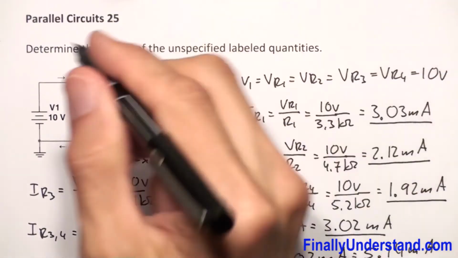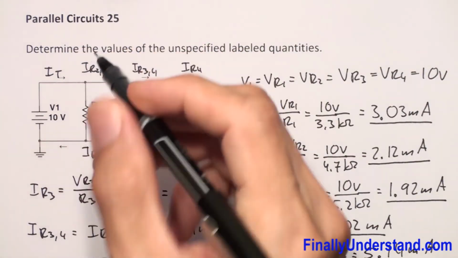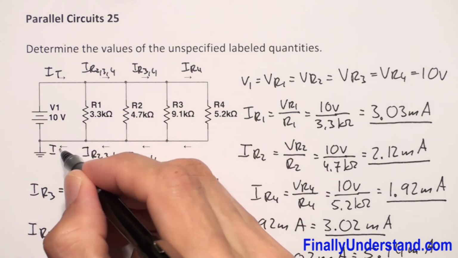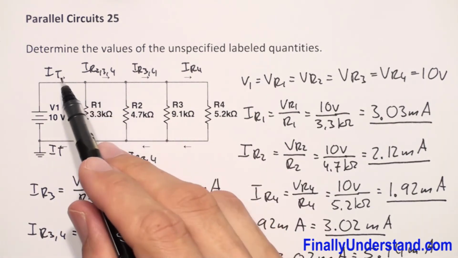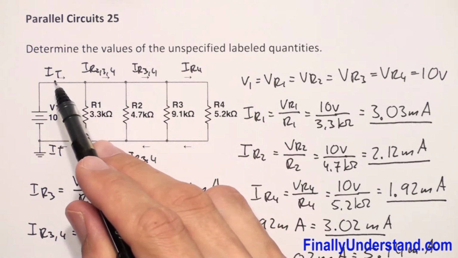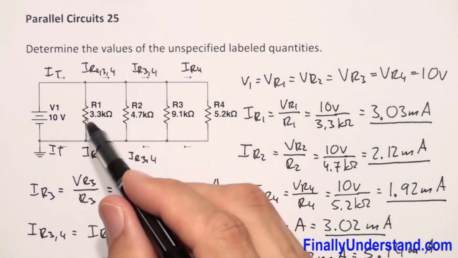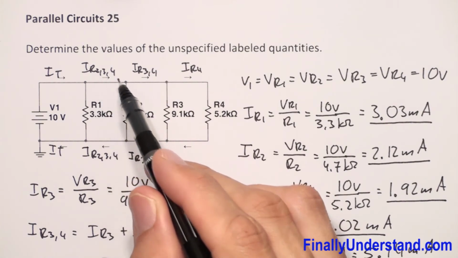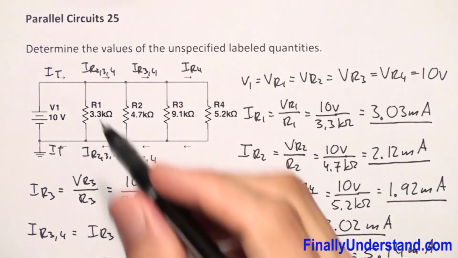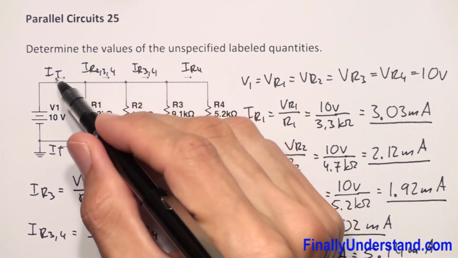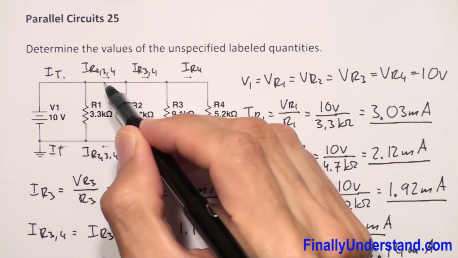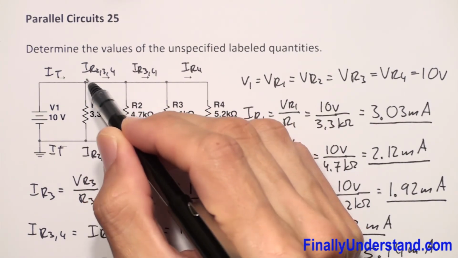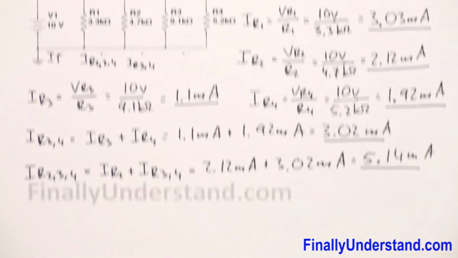This is my I total, and this is also I total. If I want to find I total, it is simply the sum of the currents IR1 and IR2 3 4. I have to add these two currents; this current is going to split into two currents, IR1 and IR2 3 4.